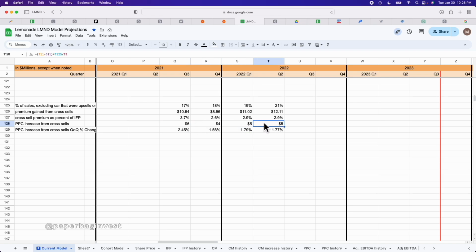And it works out to a 1.something% quarter over quarter change in premium per customer. Again, if this was much higher, like 36, you could be closer to maybe even 3% per quarter. So a really significant amount of growth Lemonade is going to get simply from customers bundling and upselling into other product lines that are much more valuable.